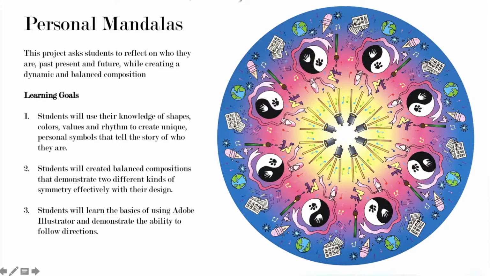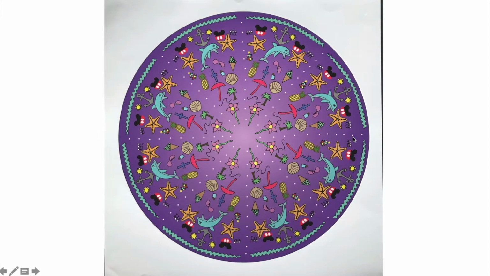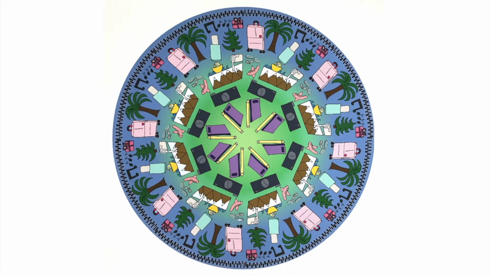So let's look at a few examples of these mandalas from previous students. There's all different ways students approach this project, and you can see the way they organize their elements, the different kinds of symbols that they use, the different ways they have color interacting. One thing that can be very successful with this project is using color harmonies and also really thinking about scale.